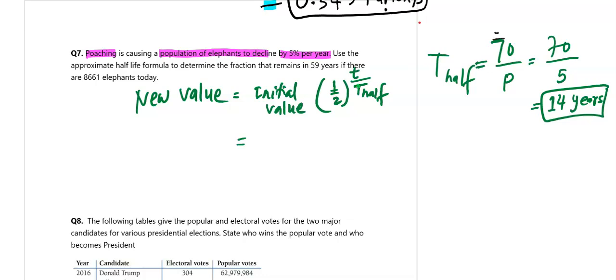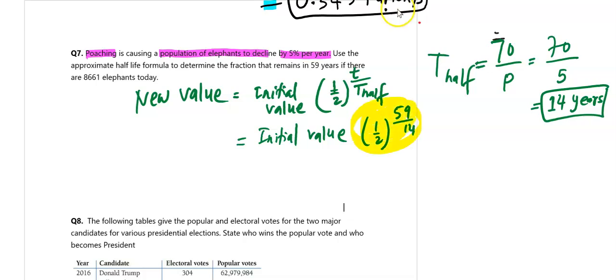Initial value. I don't want to put in the initial value right now, I just keep it as initial value. I know the initial value is this much here, but I want to keep it for a moment. Initial value times half to the power t, which is 59 divided by 14. If you do this in the calculator, you might have a scientific calculator or graphing calculator, to find half to the power 59 divided by 14.